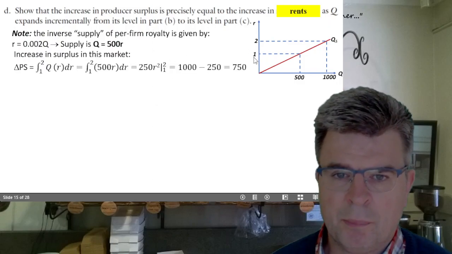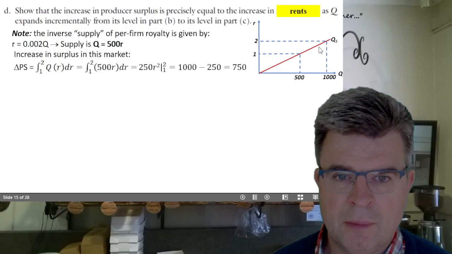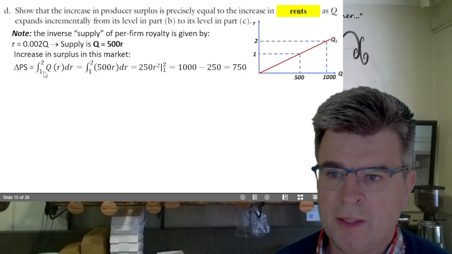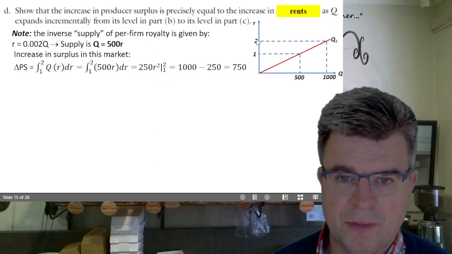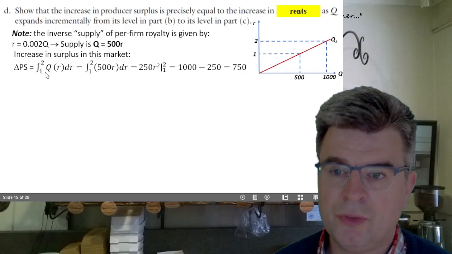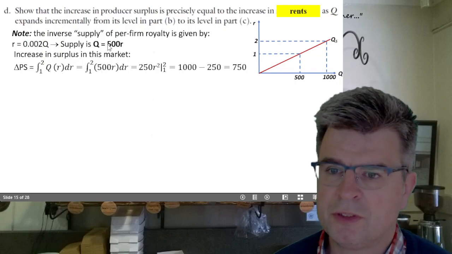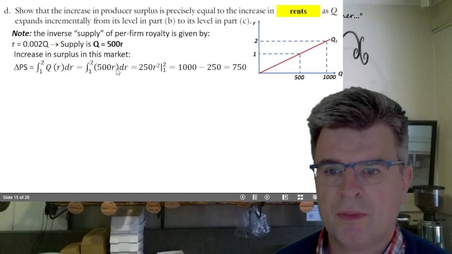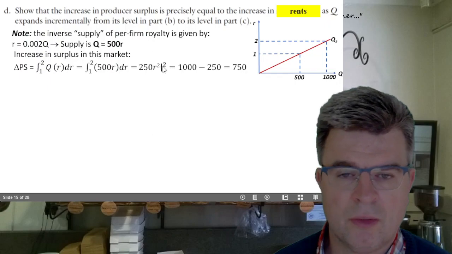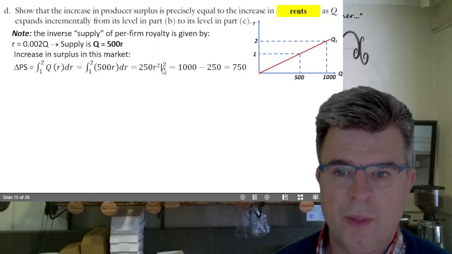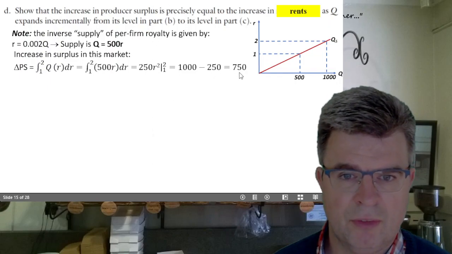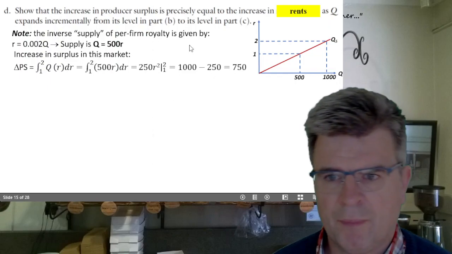So now we can compute this change in producer surplus to the film studios by taking the integral over the increase in royalty rate from 1 to 2, plugging in the supply function of the film studios, which is 500R, taking the integral and computing it over the range 1 to 2, we get 1000 minus 250, which is 750.